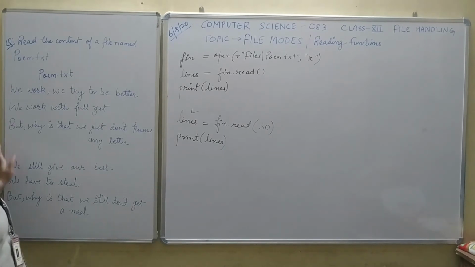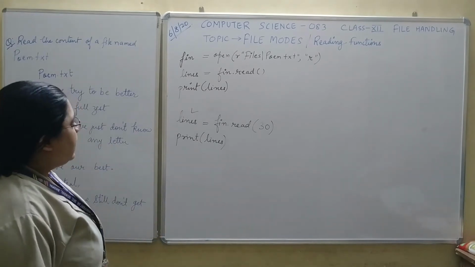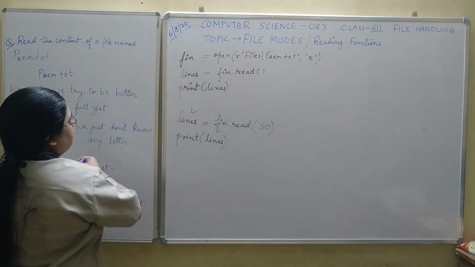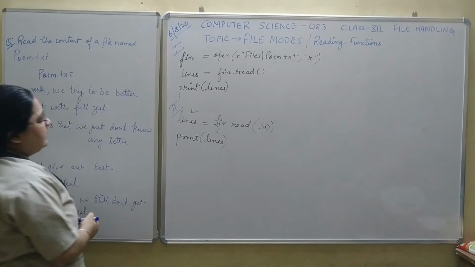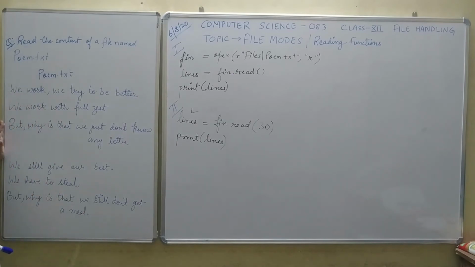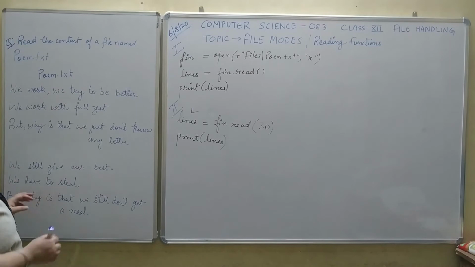These are some lines of a poem. I have written those lines over here so that I could explain it better. This is the first case and this is the second case. In the first case, your Python program would have read all the 6 lines of this poem. Whereas in the next one, read 30 is given, so we would count exactly 30 from the beginning.